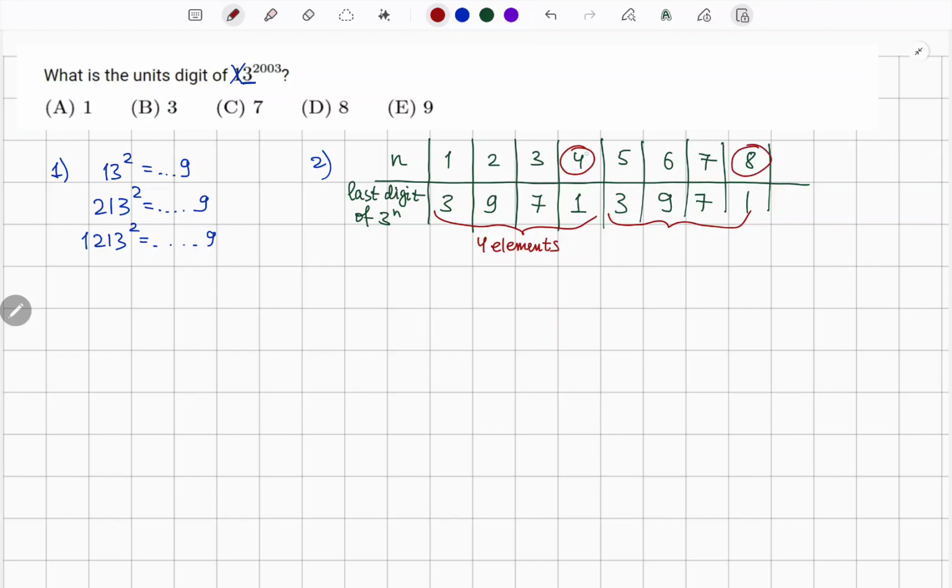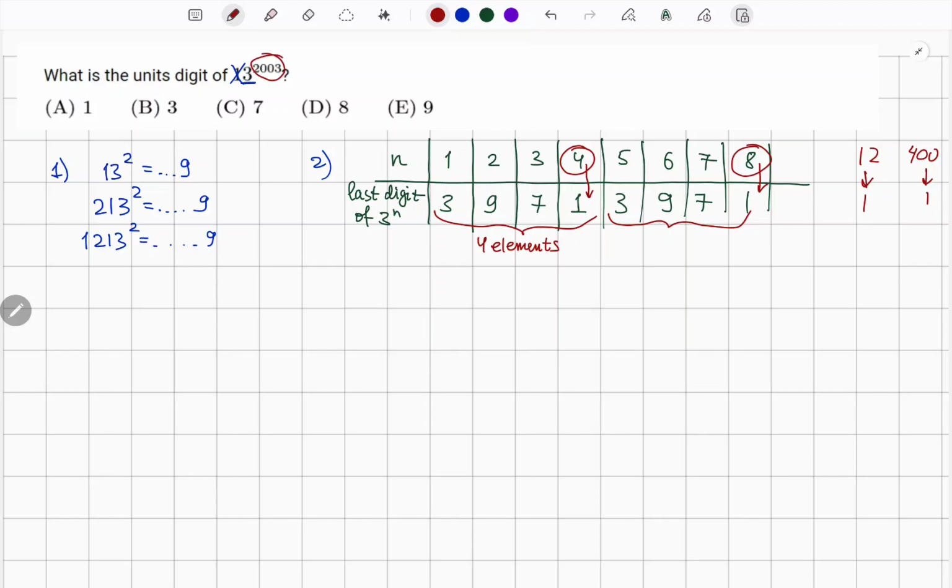Look, the 4th number is 1. The 8th number is also 1. So this is a pattern I'm looking for. Any order number divisible by 4 is 1. So the 4th, 8th, 12th element in this sequence, the 400th element in this sequence, they're all ones. Yep, I'm pretty sure of this fact.